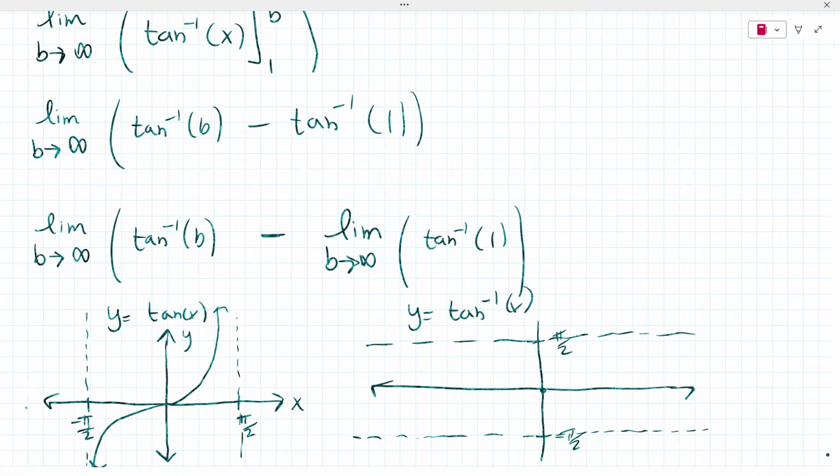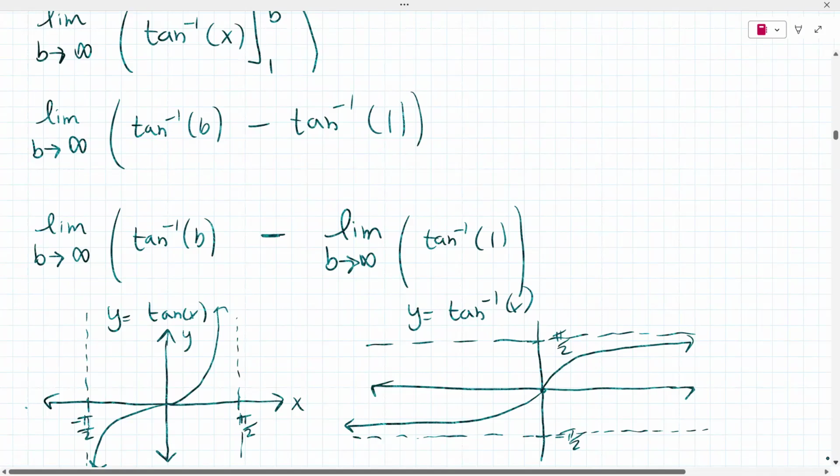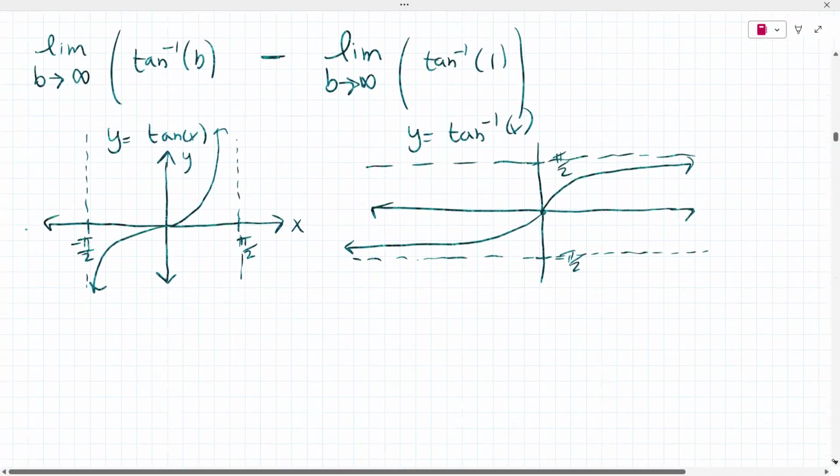It would look something like this. So that's going to be helpful when we find the limits. Okay, so let's move on.